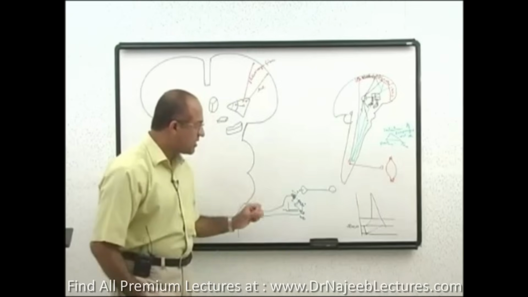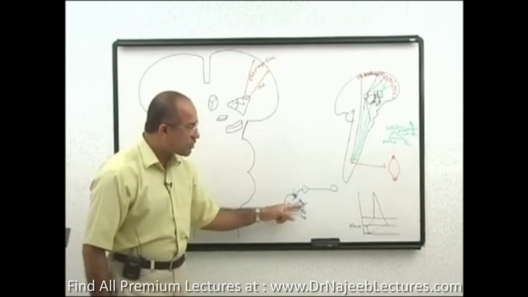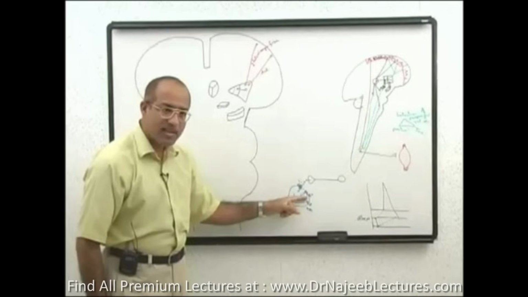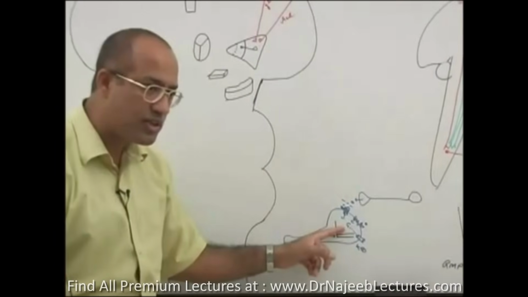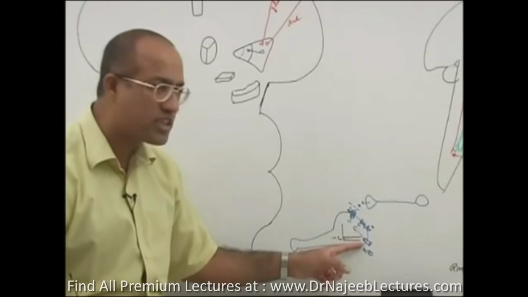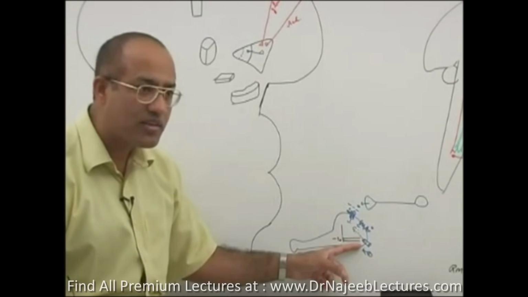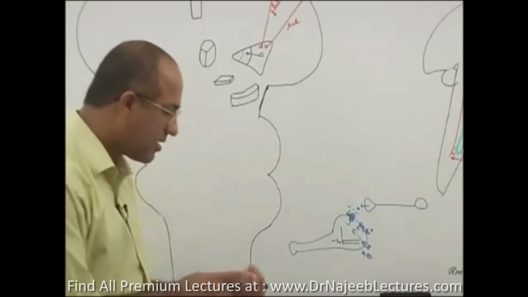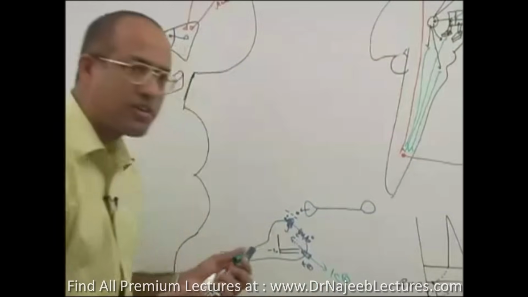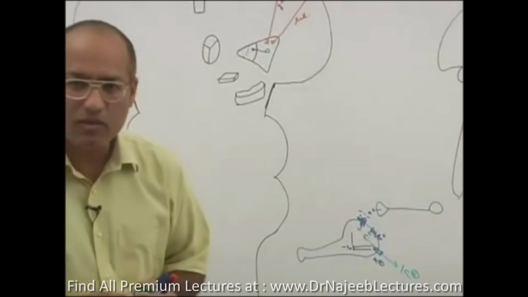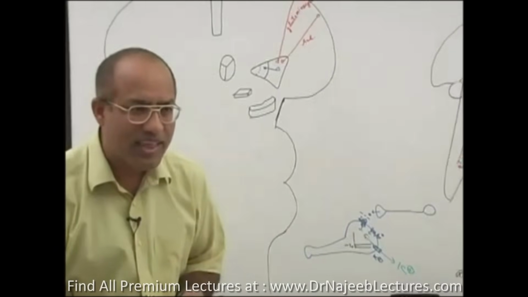So when GABA acts on GABA B receptors, they are coupled with G inhibitory protein, which through multiple steps leads to opening of potassium channels, and potassium jumps out. When potassium comes out, the cell loses positive charges, so the cell becomes more electronegative.